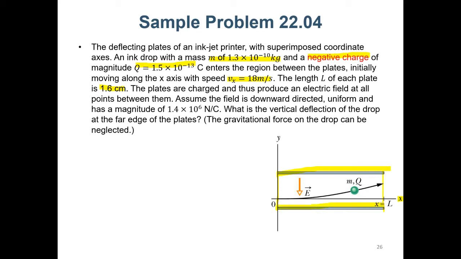So we assume the E field is uniform in this box, and has an amplitude of 1.4 times 10 to the 6 Newton per Coulomb. What is the vertical deflection of the drop at the far edge of the plate? The gravitational force on the drop can be neglected.